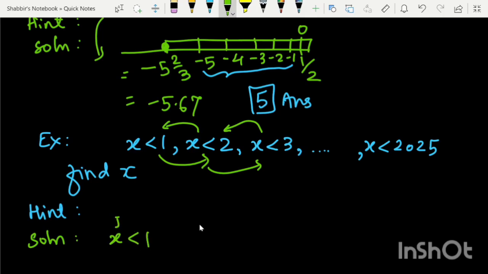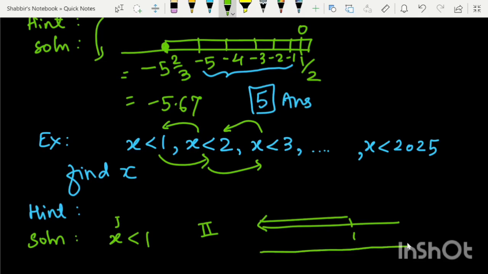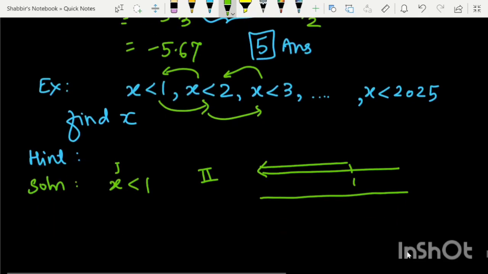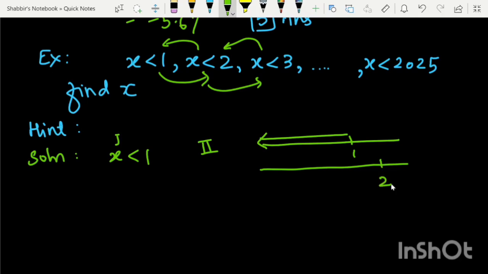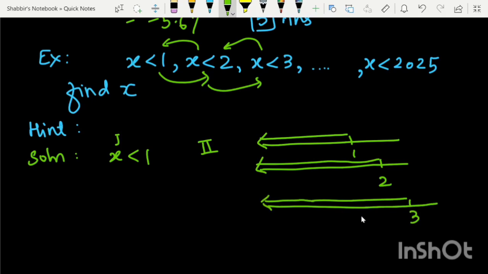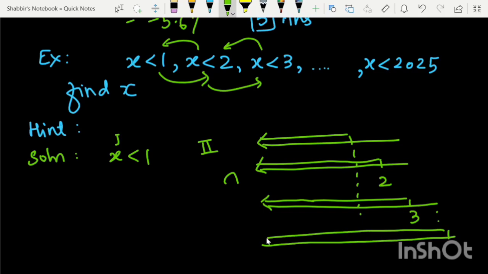Okay. Or else, if you try to do it by the number line method, x less than 1, and take intersection of all, then x less than 2, x less than 3, and so on up to 2025. If you take the intersection, as you can see, this would be the portion common to all.